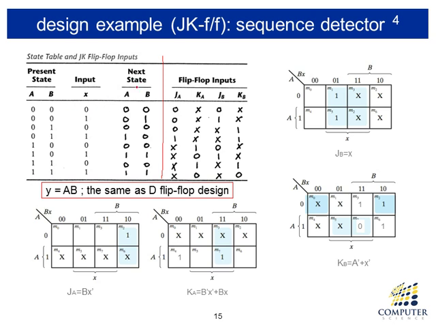What this state table means is that currently flip-flop A has this value, but on the next clock tick flip-flop A should have this value given those other values. That's the meaning of a state table.